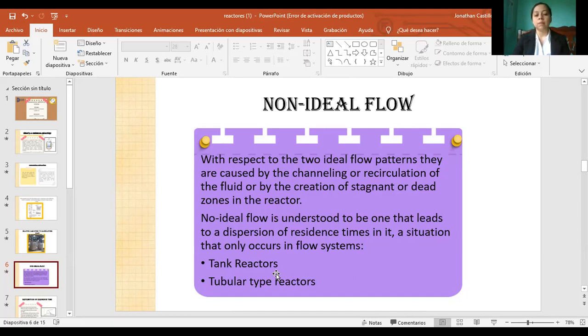Non-ideal flow is linked to dispersion of residence times, a situation that only occurs in flow systems: tank reactors, tubular type reactors.